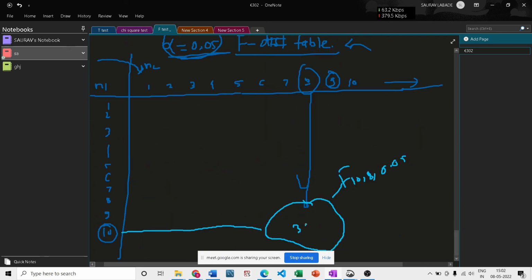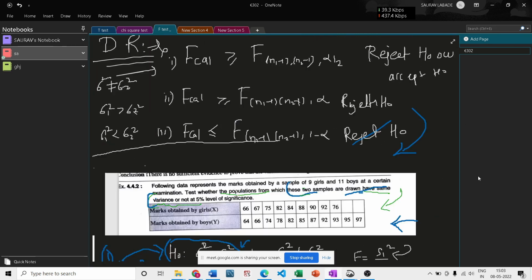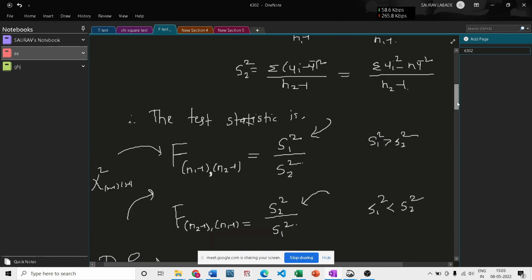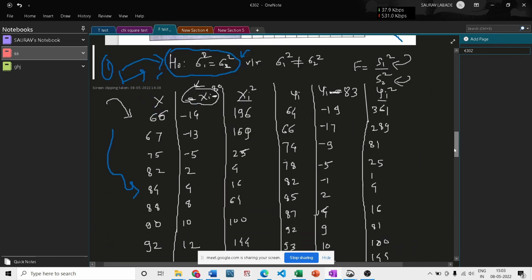Here you will get this value 3.36. I am telling you many times to buy the statistical table, because it is useful in your examination, and it is allowed in your examination. So this is your last test, the F test. First was the t test, then chi-square test, and F test. So these are all the small sample tests.